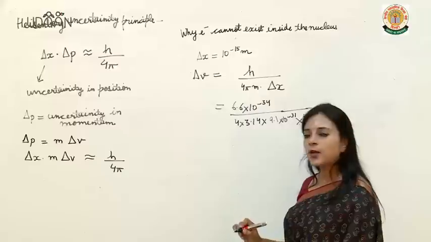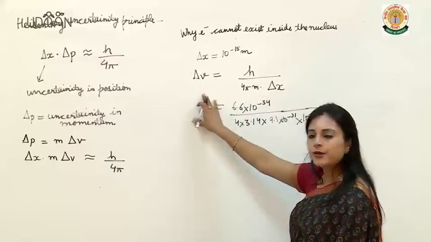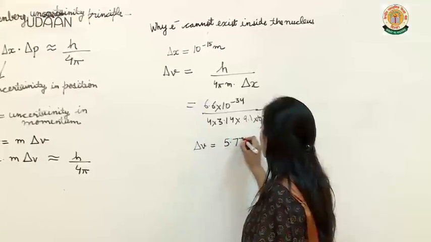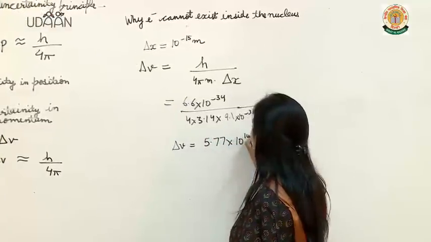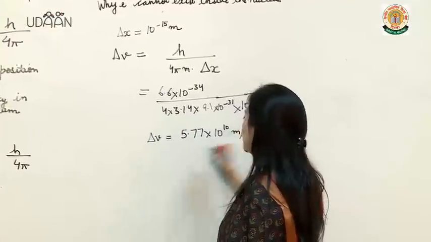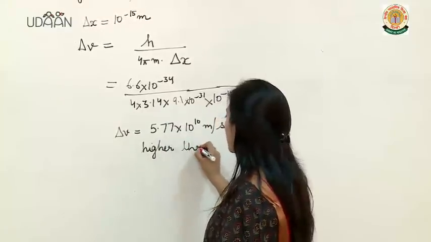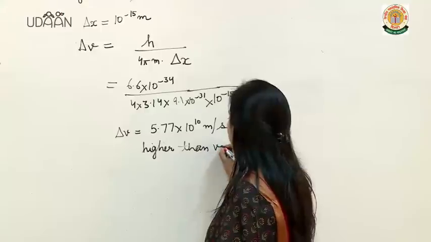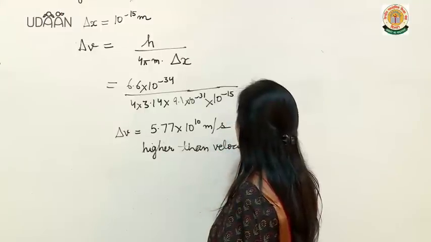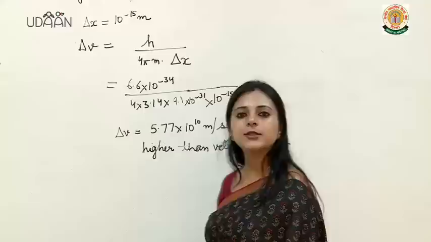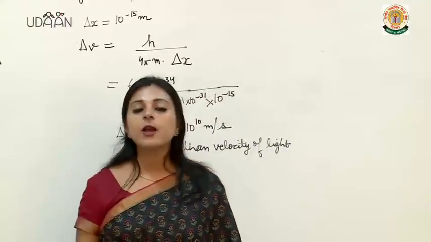So when I find delta v from here, delta v comes out to be 5.77 into 10 to the power 10 meter per second. Now this is much higher than the velocity of light. So what does this mean? This means that an electron cannot exist inside the nucleus.